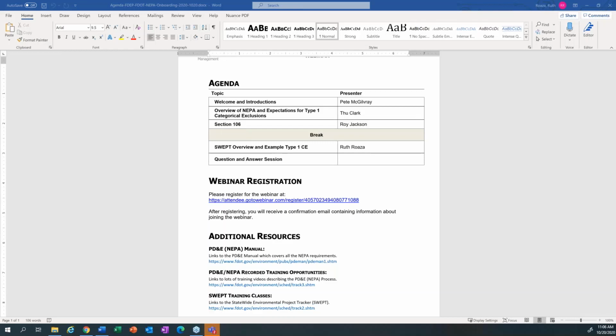They'll let 2 know, and then we'll set up the accounts. And once you fill out your type 1 CE, it'll first go to DEP, and then a person at DEP will forward it to 2 for review and approval. So it's that 2-step approval process.